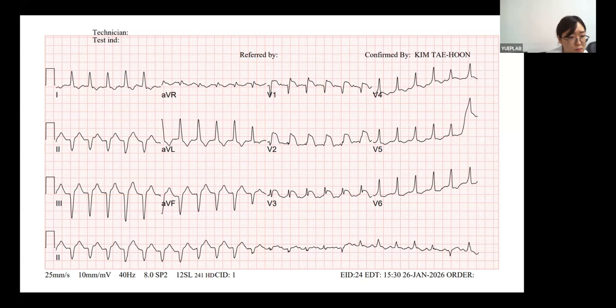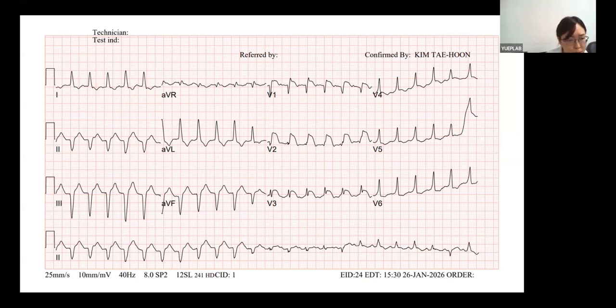If you say it's one-to-one conduction, it can be a re-entry tachycardia. How's the rate? Wide QRS rhythm versus narrow QRS rhythm? Not narrow, but I think it shows a significant ST elevation. Yes, it's making confusion, right? Rate almost the same. Then why does the first part show wide QRS and the later part narrow QRS?